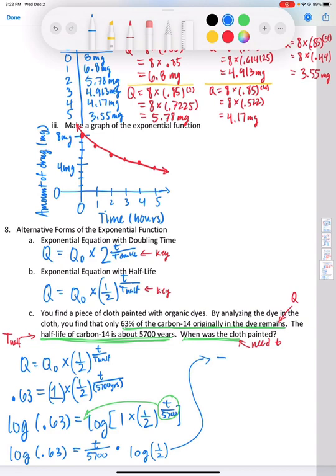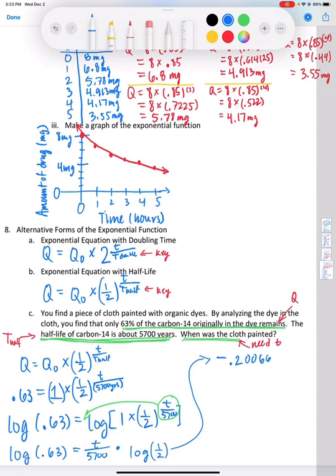That's going to be minus 2 plus 1.80, which is about minus 0.2007, so it's really close to minus 0.2.